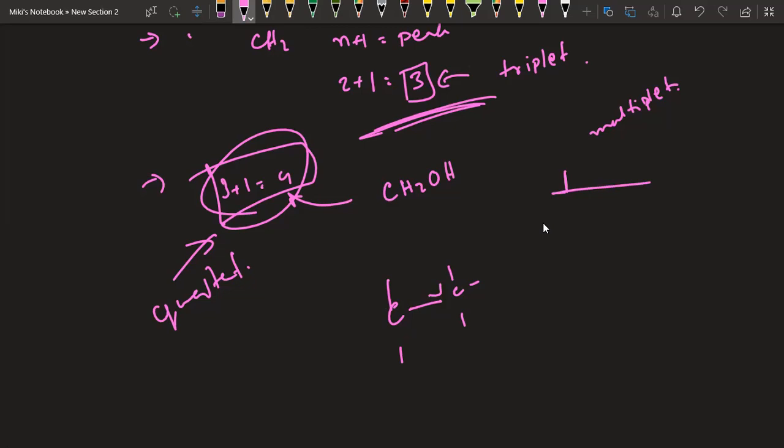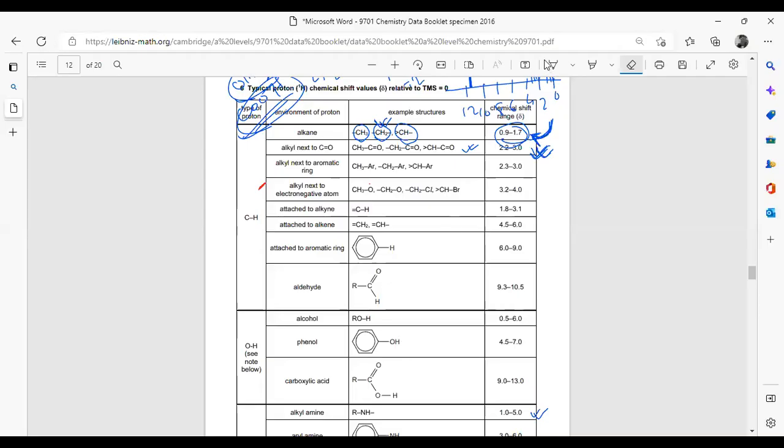At the same time, if we come to the data booklet and go to the alcohols part, we can see this is the ROH group, which is between 0.5 and 6.0. Let me go back to the slide.